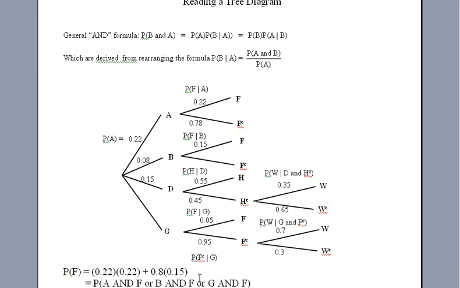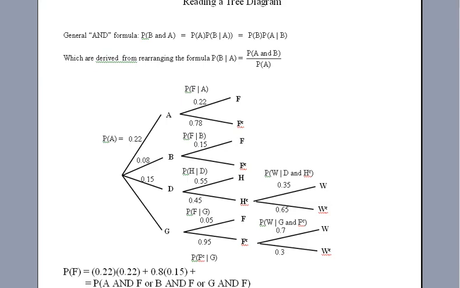Now, again, there's no number here for G, but I can calculate what it is. After all, the sum of all these numbers here in this first stage have to add up to 1. There's only one node where we start, and there's 4 endings, and that's all that can happen. Nothing else can happen. So what do I have here? I have 22% plus 8 gives me 30%, plus 15 gives me 45%, so this must be 55%.